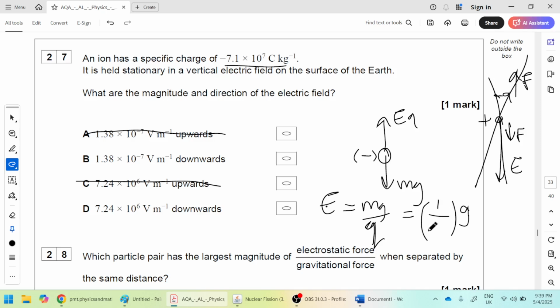So 7.1 times 10 to the power 7 is going to be here. So 9.81 divided by that number gives 1.38 times 10 to the power minus 7. So that's this.